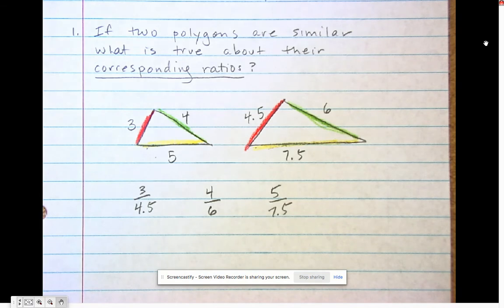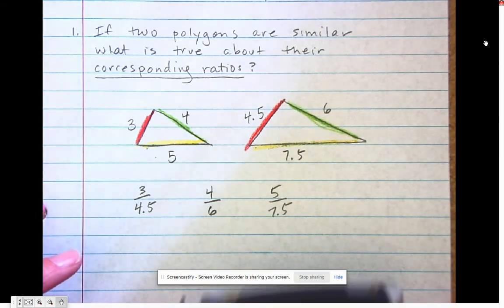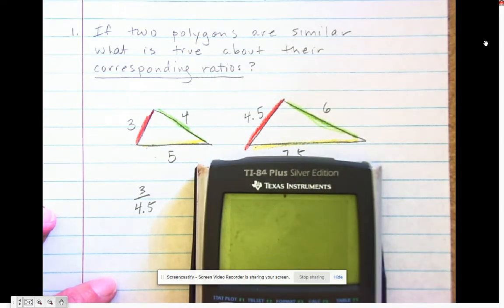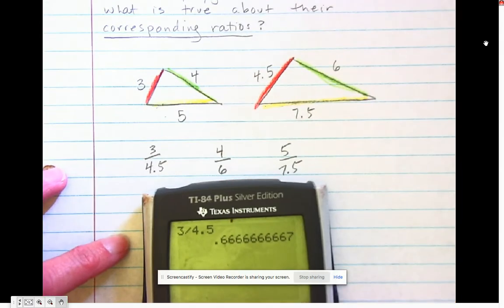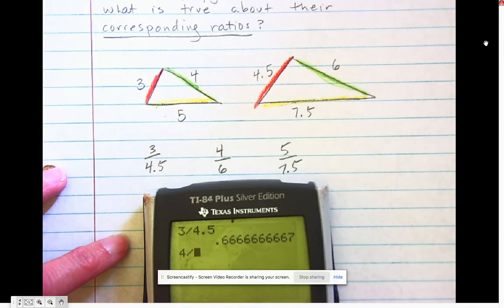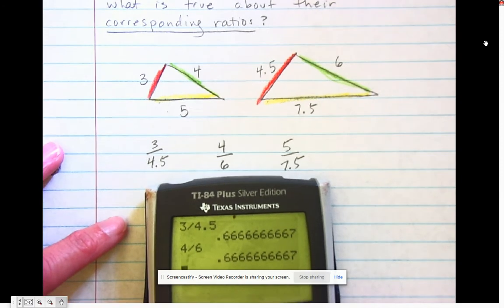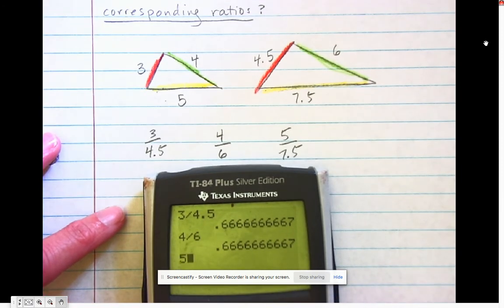Okay, so if you have a little bit of trouble telling if the ratios are the same, a quick way that you could check them is just to divide the numerator and denominator and see what happens. So I'm going to do 3 divided by 4.5. I'm just going to convert that ratio to a decimal. And then I'm going to do the same thing with 4 divided by 6, and check that with 5 divided by 7.5.